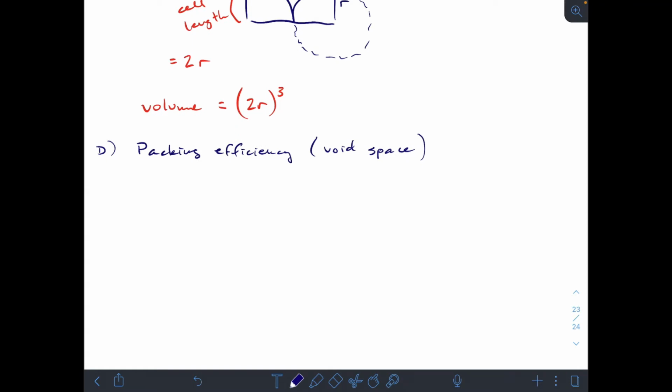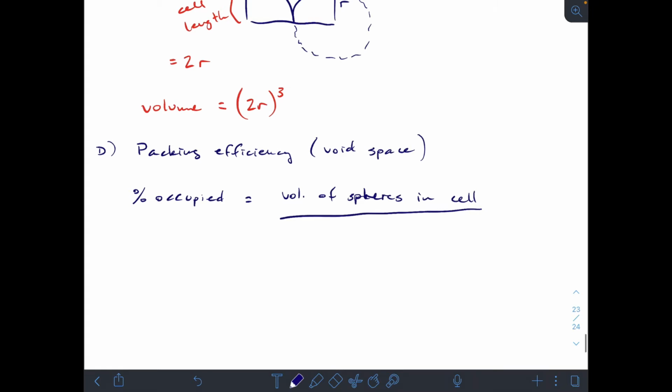You won't really need to know this necessarily because packing efficiency will be provided for you depending on the unit cell. But to let you know how they figure it out, they calculate percent occupied, and that's the volume of the spheres in the cell divided by the volume of the cell times 100.